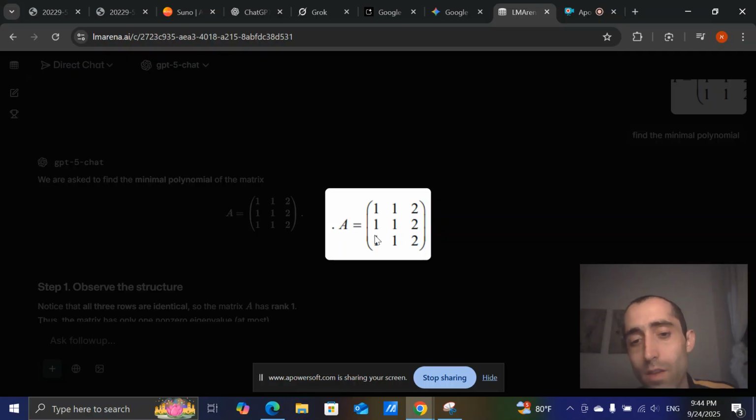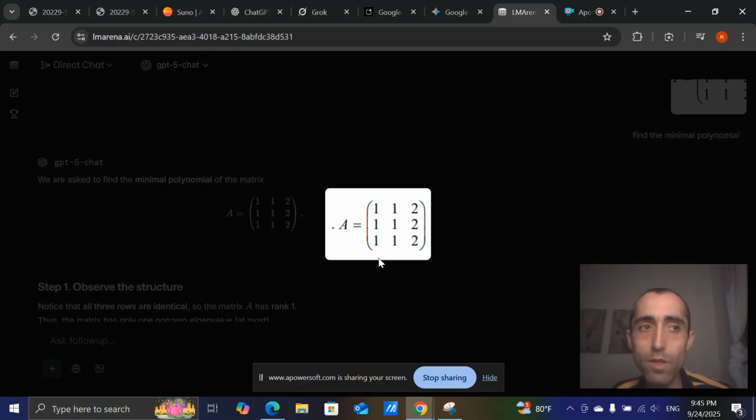You can see that in this specific matrix, all the rows are duplicates of one another. When I think about the eigenvalues and eigenvectors, I can understand that this matrix has a kernel of dimension 2, because when I solve Ax equals 0, I can just take off 2 rows.